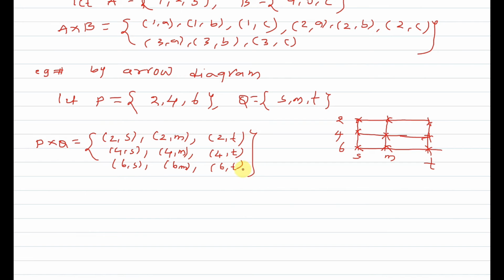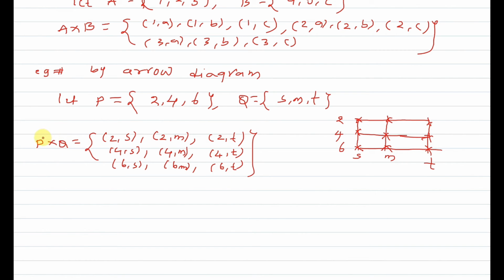And you try to understand. So this is 2S, 4S, 6S. This is 2M, 4M, 6M. And this is the point of 2T, 4T, 6T.